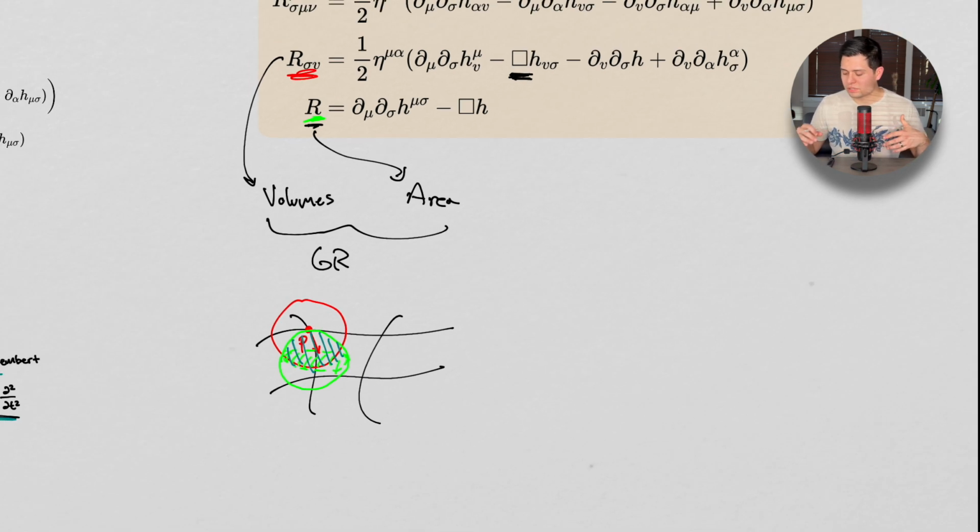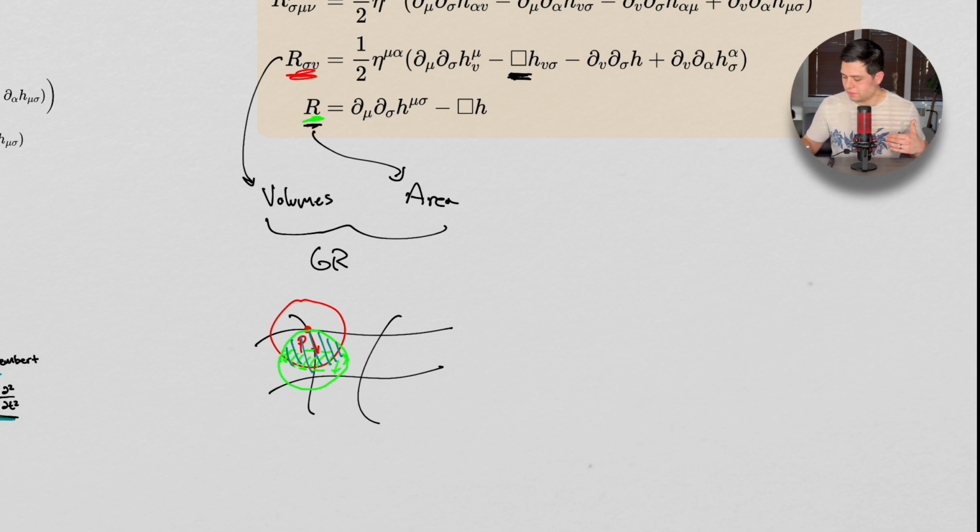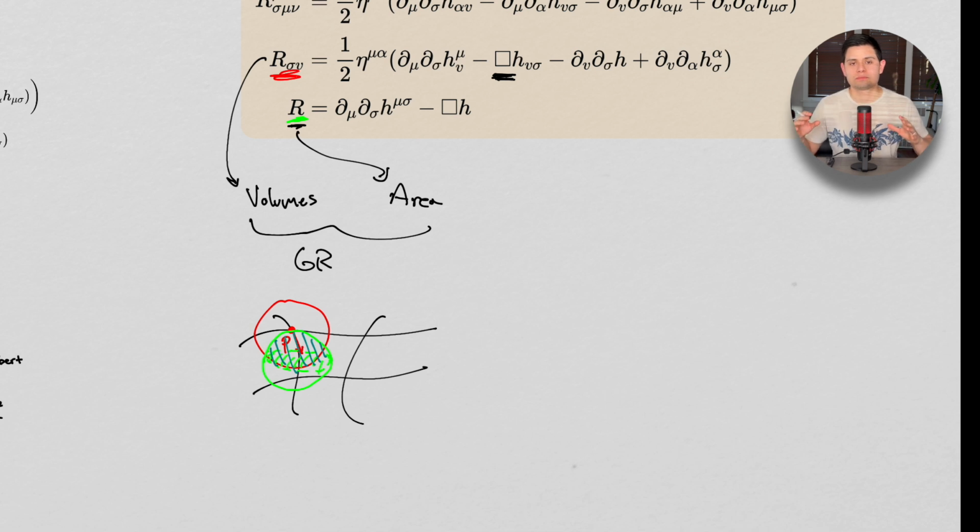I'm assuming that you've taken GR already, but I'm trying to go at a relatively fast pace, so we don't have to start from square one in this playlist. So you don't necessarily have to watch my GR playlist to get through this. It might help though.